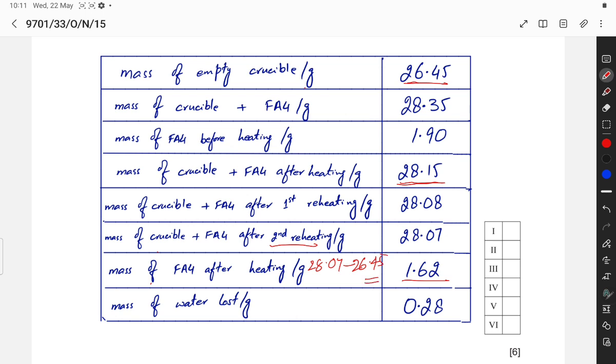So that is the mass of FA4 after the second heating, and mass of water lost is 1.90 minus 1.62, that is equal to 0.28 gram. So this is the water lost, and this is the mass of FA4 after heating, that is 1.62 and 0.28.